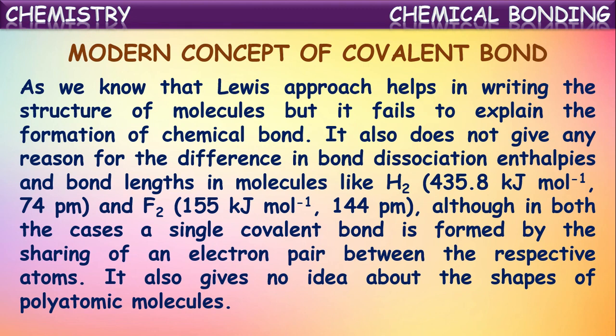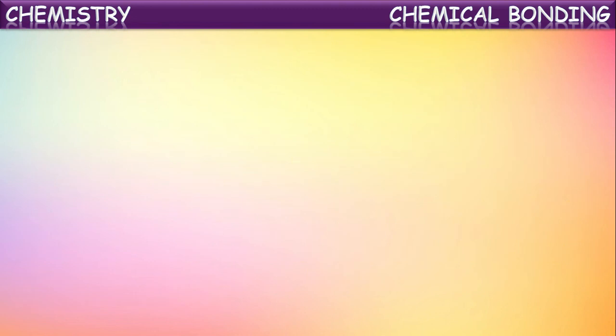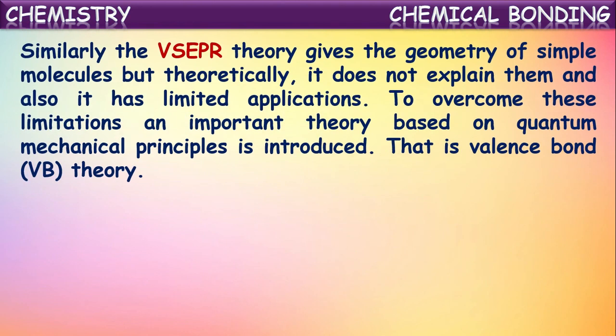It also gives no idea about the shape of polyatomic molecules. About polyatomic molecules, the Lewis dot structure did not explain how their shapes are in three dimensions. Of course, in the valence shell electron pair repulsion theory, the shapes are explained. It gives the geometry of simple molecules, but it does not explain them theoretically.